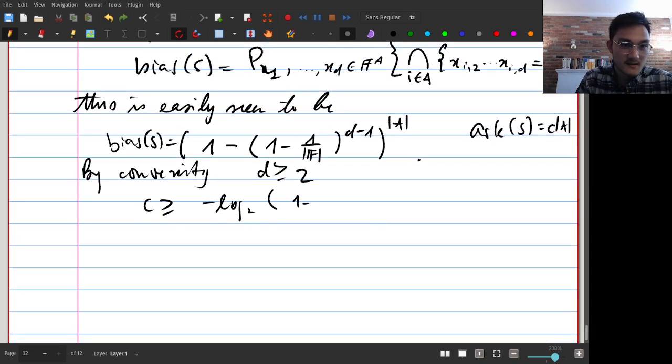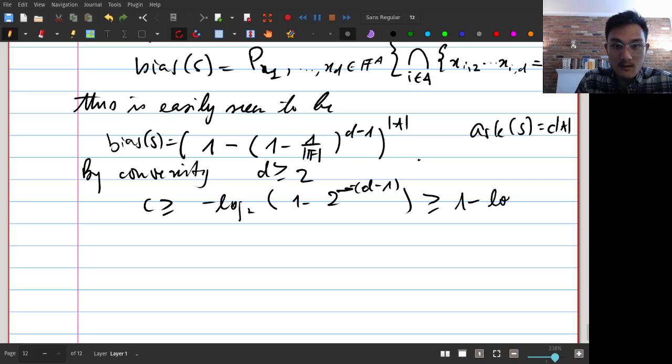And so c is greater than or equal to minus log of 1 minus 2 to the minus (d minus 1), because as a function of the field size it's convex. Negative log is convex, and then this is also convex. This is greater than or equal to 2 to the minus (d minus 1).